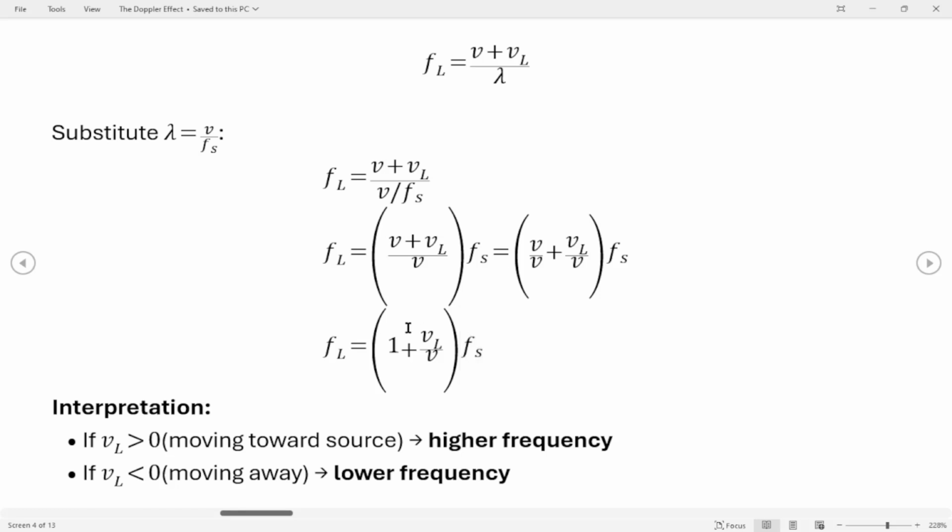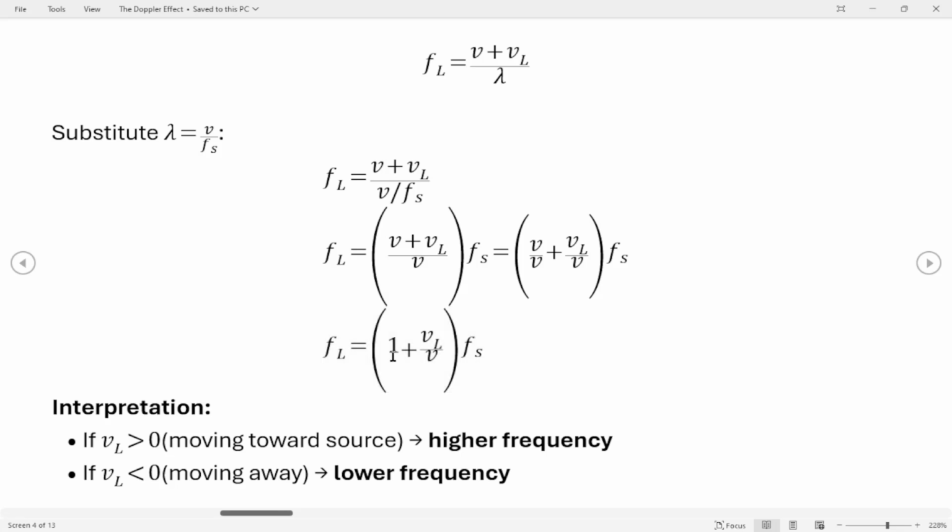All right. So this is also the other equation that we could use to determine the frequency received. Take note of that. The frequency that is being received by the listener. All right. So this is the equation that we're going to use.